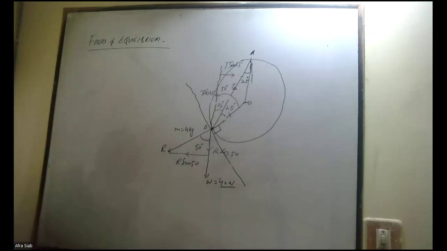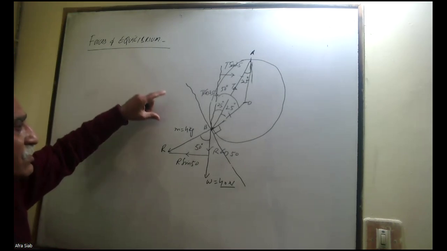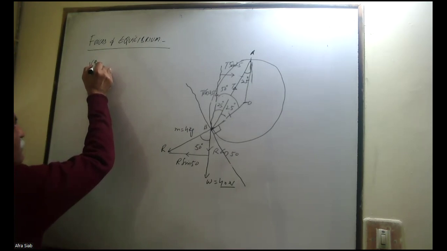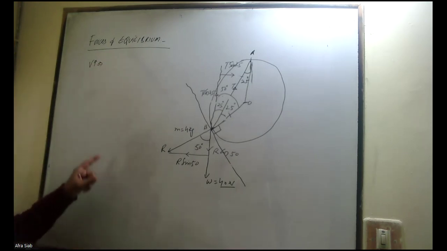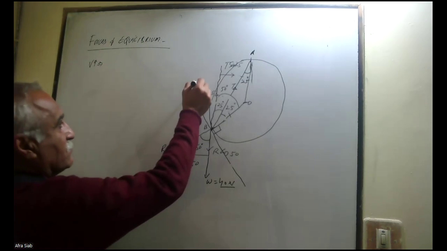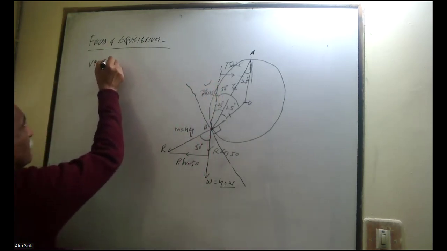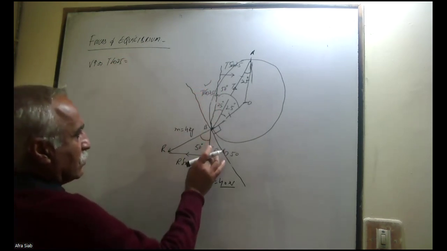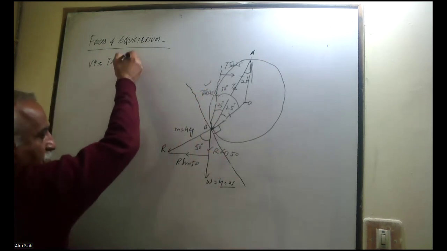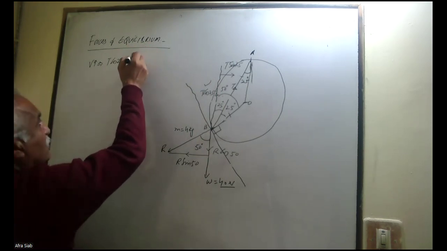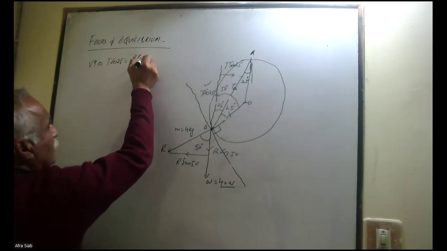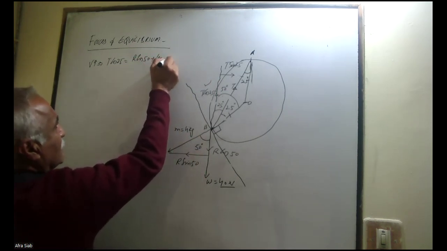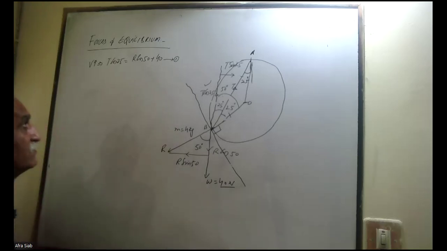Since the whole system is in equilibrium, all vertical forces are balanced as well as all horizontal forces. So for the vertical forces, T cos of 25 is equal to R cos of 50 plus 40.